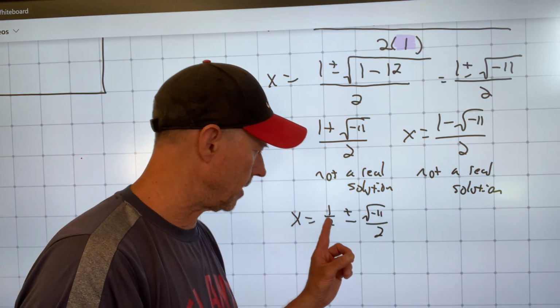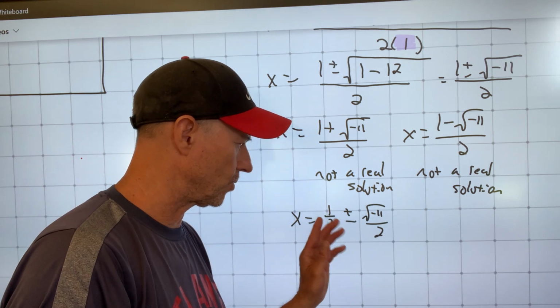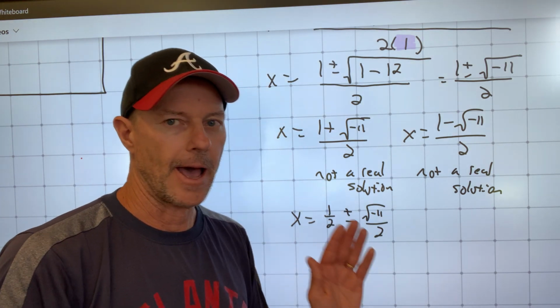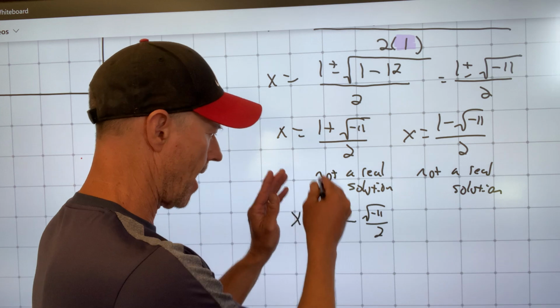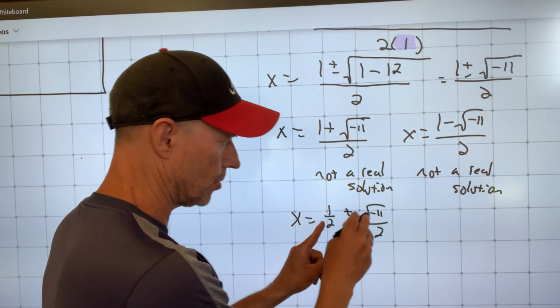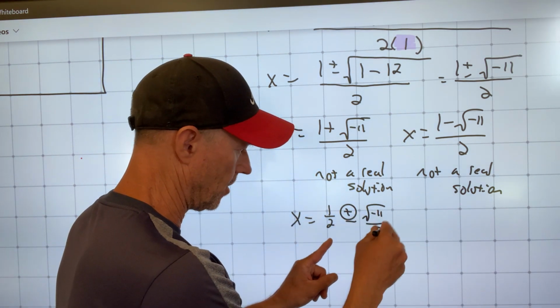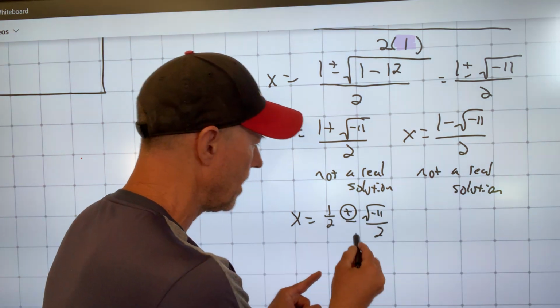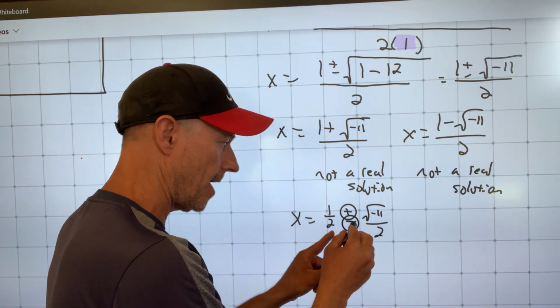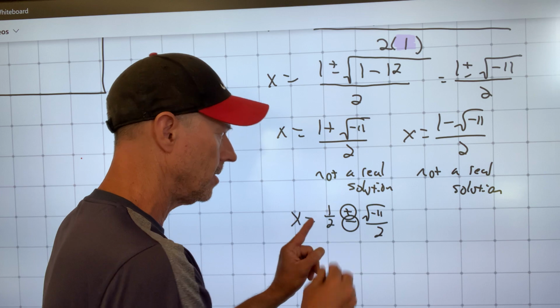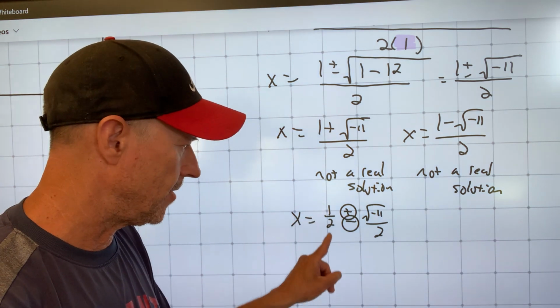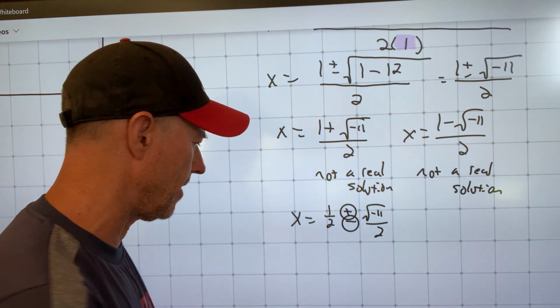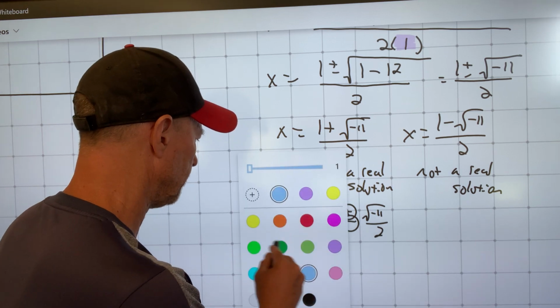But this is telling us that 1/2 is where the axis is, because you're at 1/2, there's a solution to the right this far, if that was a distance, and there's a solution to the left this far from 1/2. So this part of the solution, this 1/2 right here, let's highlight that.